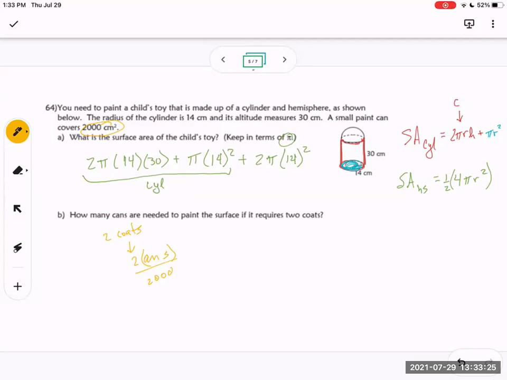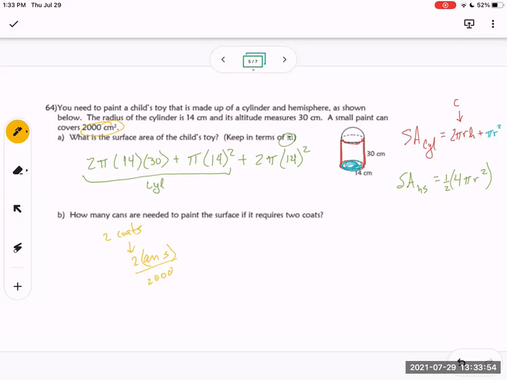But if your answer for part A was 1200, then 2 coats of that would be 2400. 2400 divided by 2000, you would need another can to coat it, because there'd be a remainder left over.